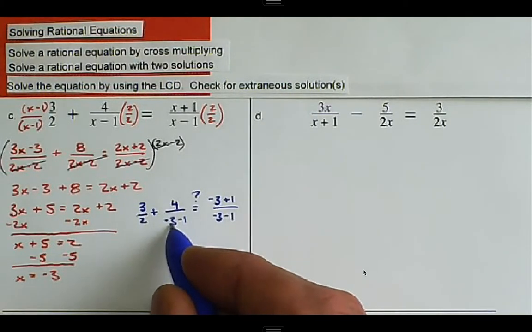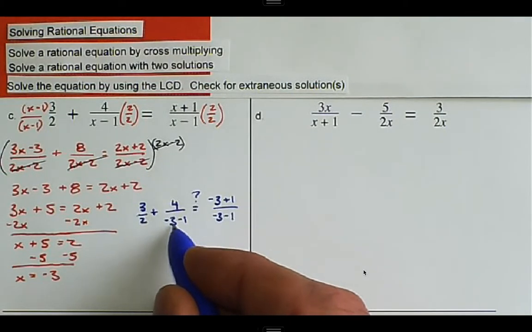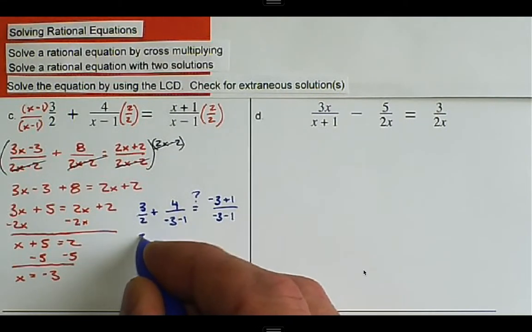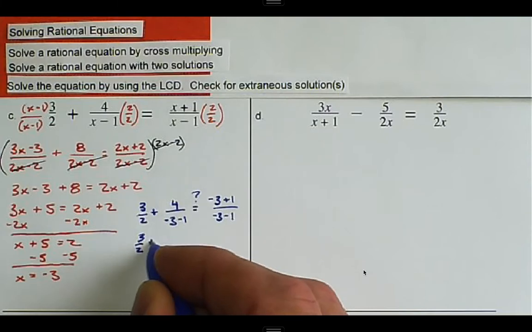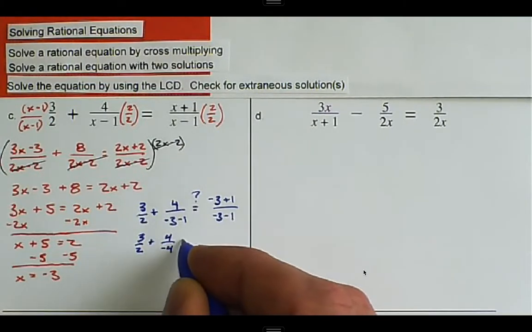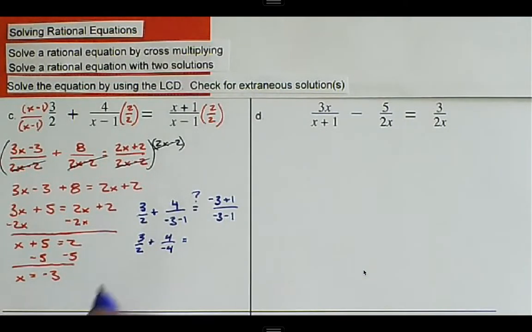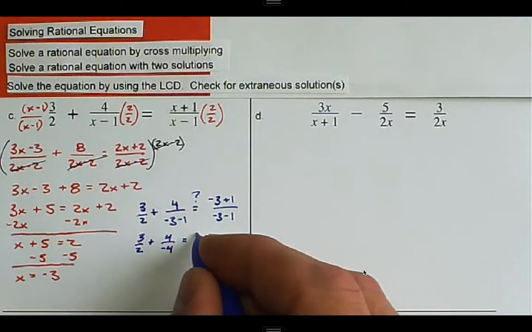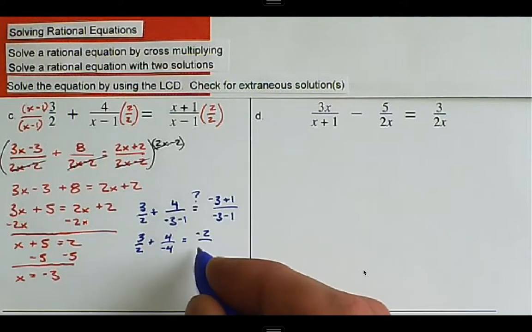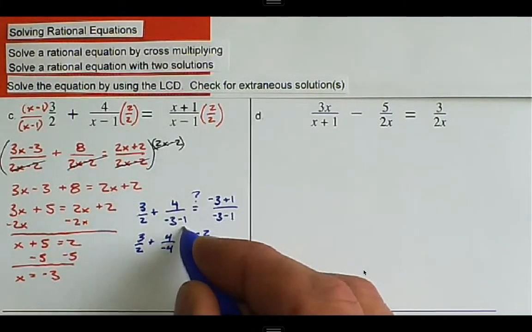So negative 3 minus 1 becomes negative 4. So we get 3 over 2 plus 4 over negative 4, which is equal to negative 3 plus 1, which is negative 2, over negative 3 minus 1, which is negative 4. And we're still trying to see if this works.